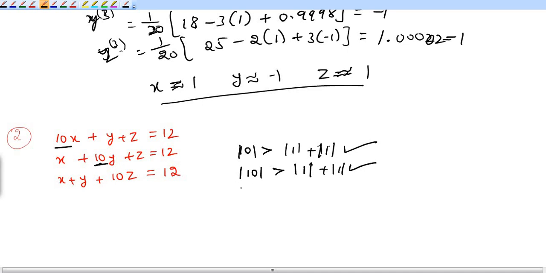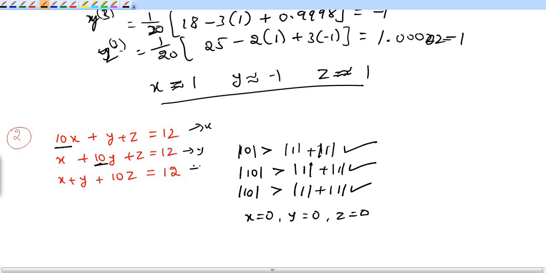This is diagonally dominant. Similarly, third equation, third diagonal element is 10. This is greater than 1 plus 1. This is diagonally dominant. Then you have to assume x equal to 0, y equal to 0 and z equal to 0, and separate x from this, y from this and z from this, and follow the same procedure.